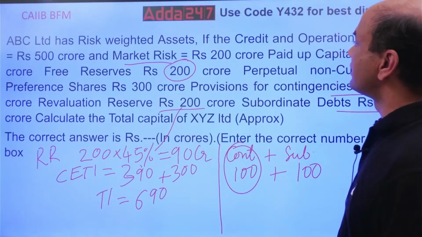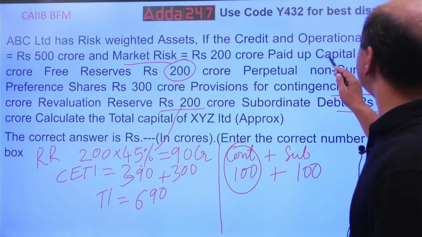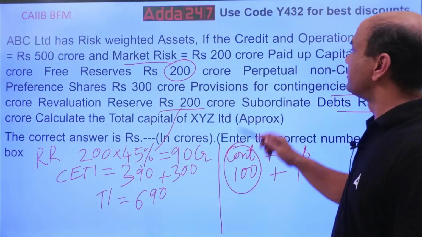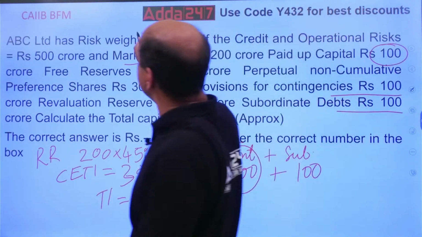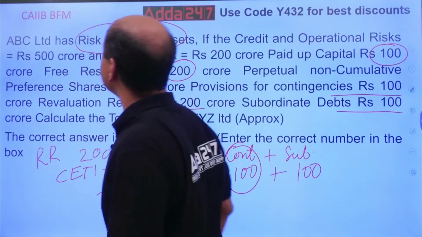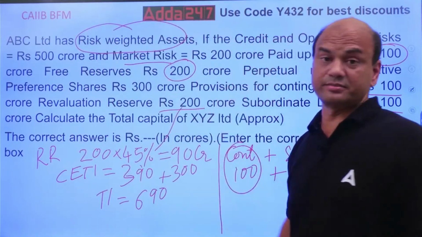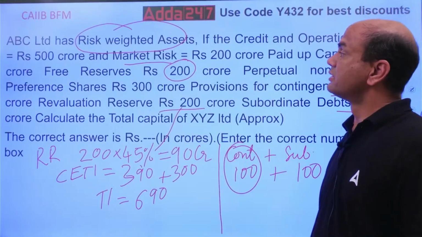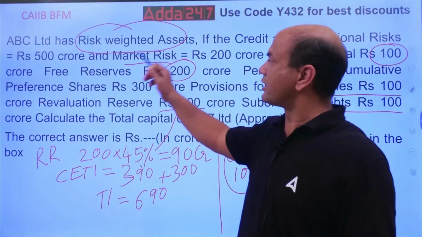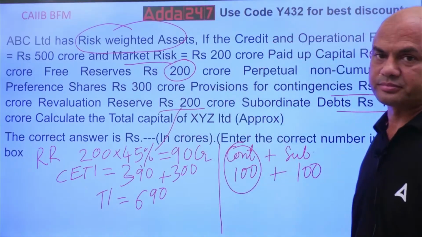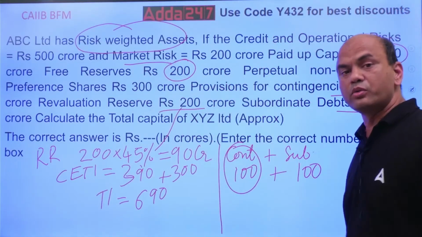Here the bank has risk-weighted assets of 500 crores and market risk of 200 crores. Already they have given the RWA, not the capital charge. So 500 and 200.